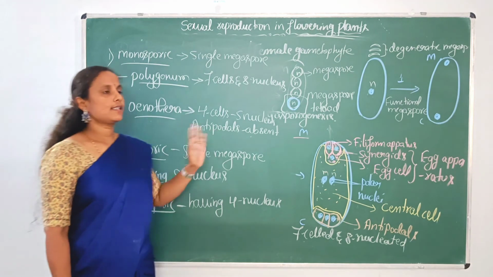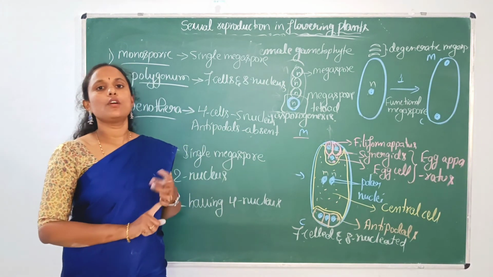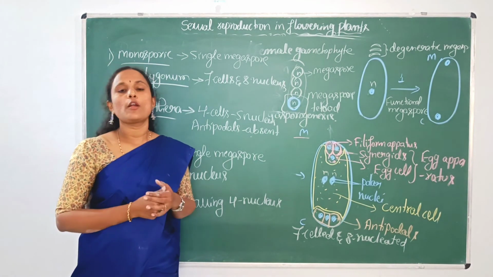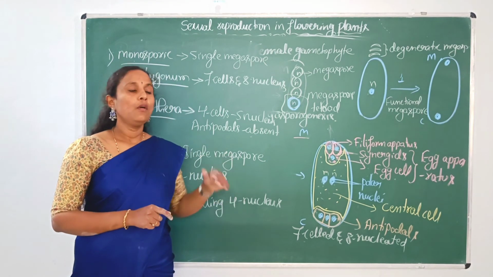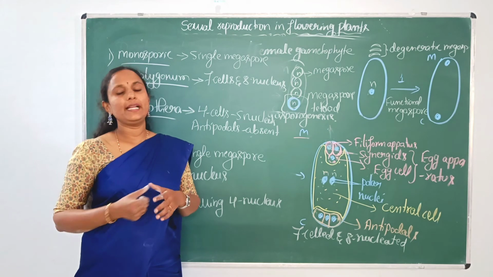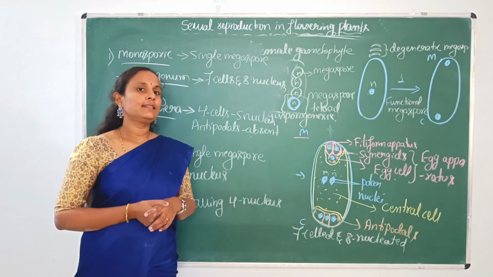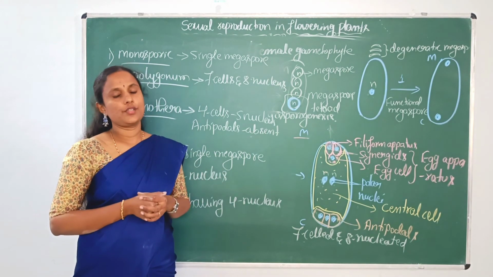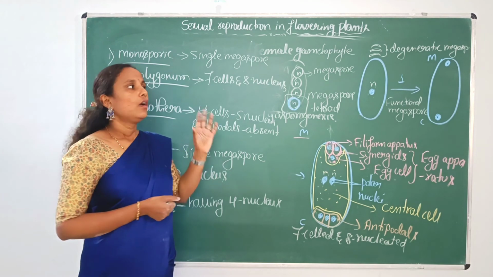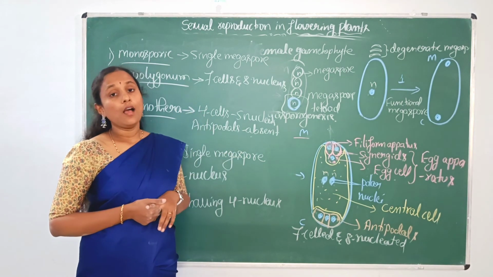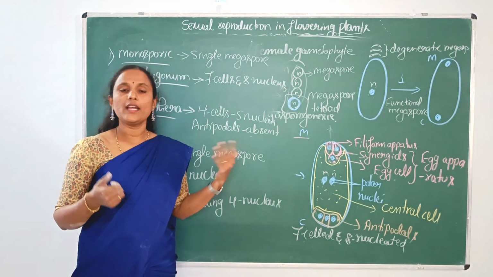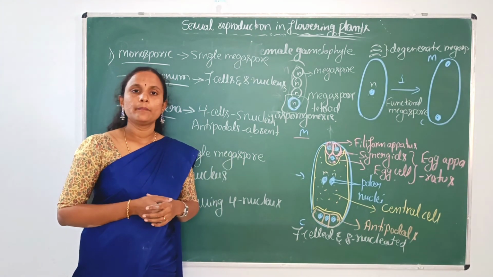Now we have discussed in detail about the formation of male gametophyte and formation of female gametophyte. That means gametes are formed now. Male gamete is formed and female gamete is formed. Next is they have to fuse. But both of them, that is pollen grain and embryo sac, are non-motile. They are not having any organ for their motility.